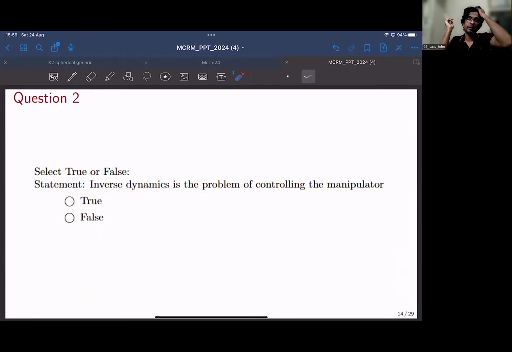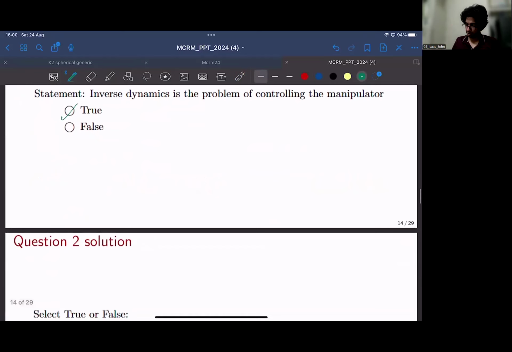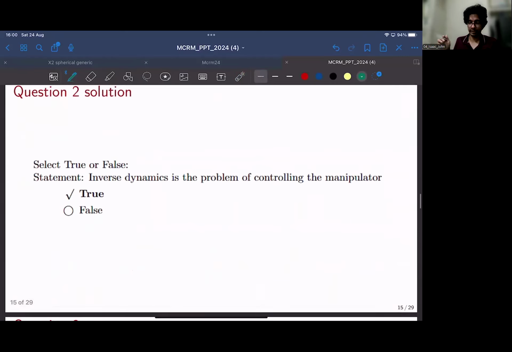We have seen at the beginning of this lecture the definition of inverse as well as forward dynamics, where we said that forward dynamics is more or less similar to simulating the robot in a virtual environment, whereas inverse dynamics, just like in the case of inverse kinematics, is basically controlling the robot manipulator. That is indeed true. So for question 2, that is indeed correct.